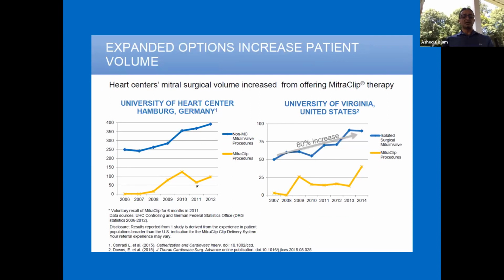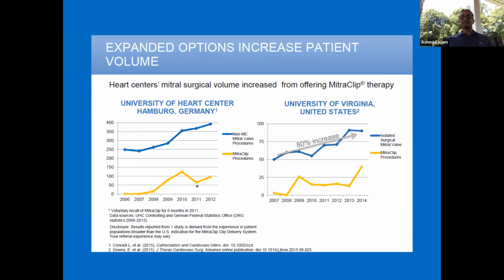These are historical evidence from different medical centers of how they benefited from having a mitral clip program. Just like a TAVR program increases referral to cardiac surgery overall, mitral clip also does the same. You see the University of Virginia experience: as the number of mitral clip procedures increased, they also saw anywhere between a 70 to 80% increase in isolated surgical mitral valve cases.